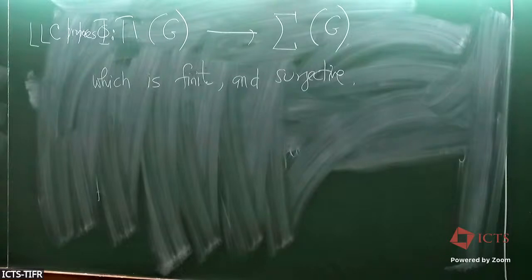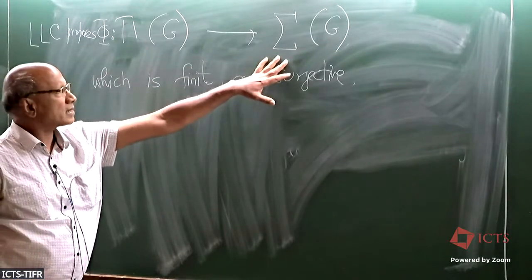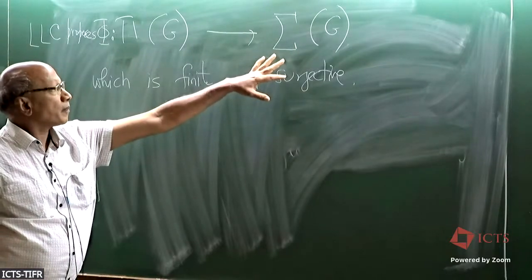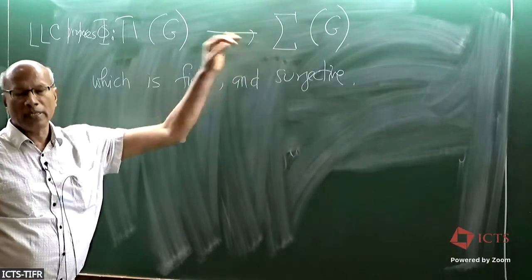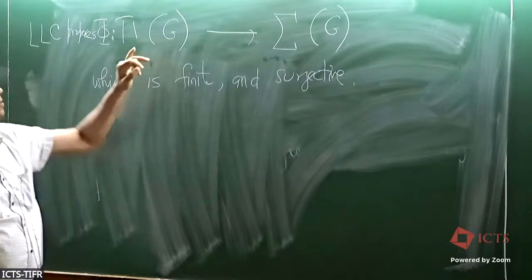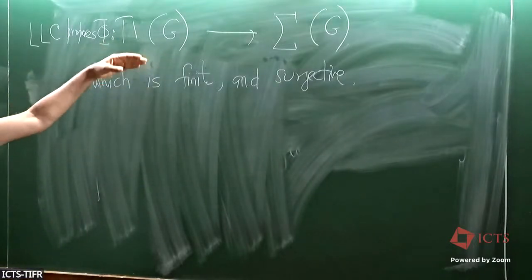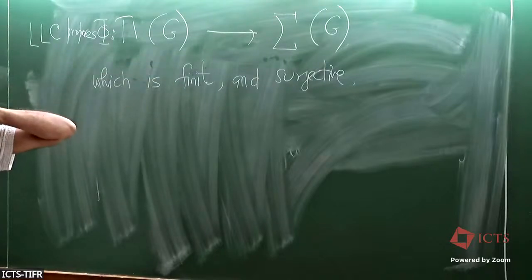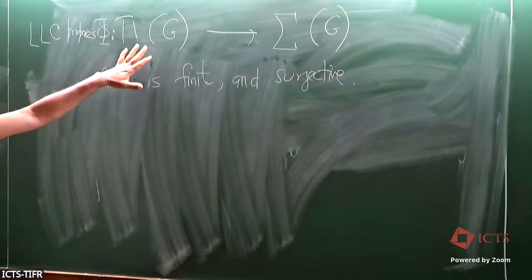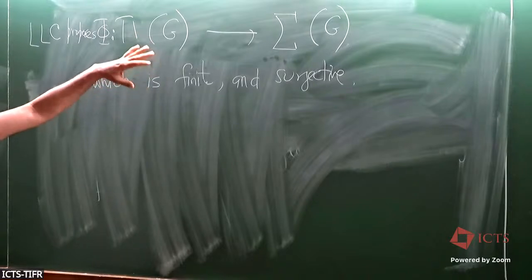So to a representation, there is a Weil representation, which is called the parameter of the representation. This mapping is finite, which means that several representations may have the same parameter. These representations are said to belong to an L-packet.